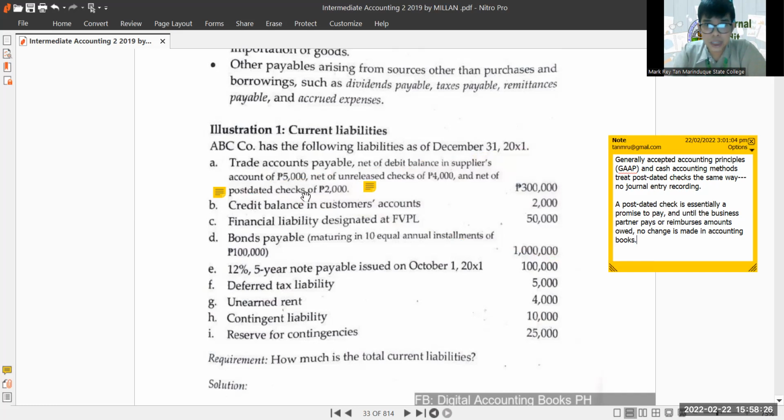Kaya dito, itong post-dated check is just simply magre-recognize ka ng liability. Ayun. So hindi mahaba yung explanation. Sana nag-gets ninyo. Kaya itong 2,000, since neneto nga siya, ibig sabihin binawas, i-add back mo din. So therefore, itong letter A, the amount here should be 311,000. Ulitin ko, 311,000 na.